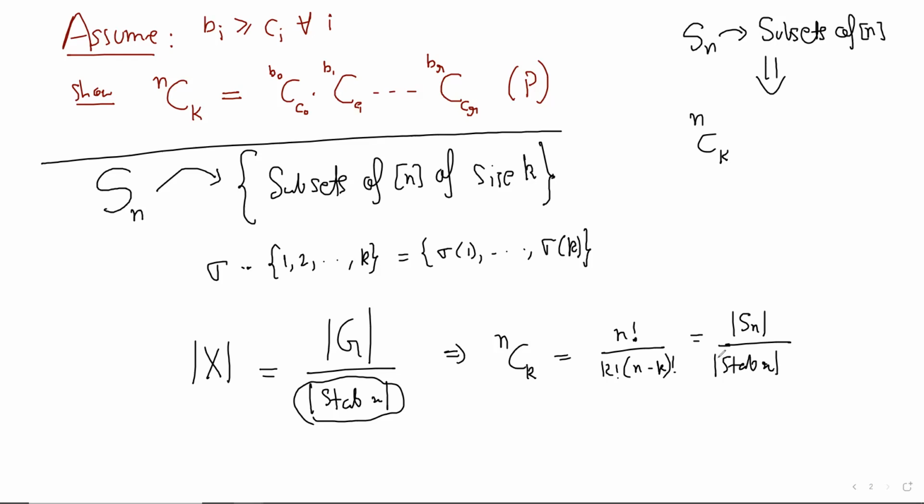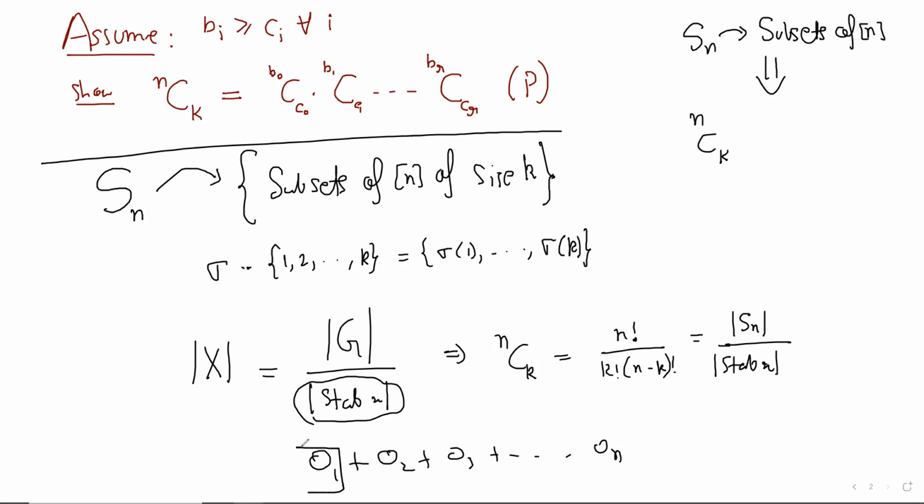So one thing that I can say is that the RHS is also going to count the number of orbits, but in a slightly different way. There will be something like orbits, orbits, many orbits, like the class number kind of thing.